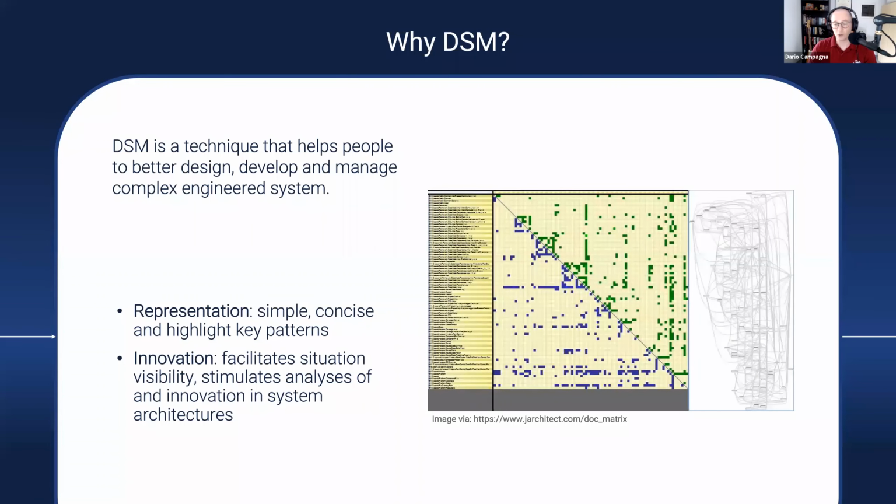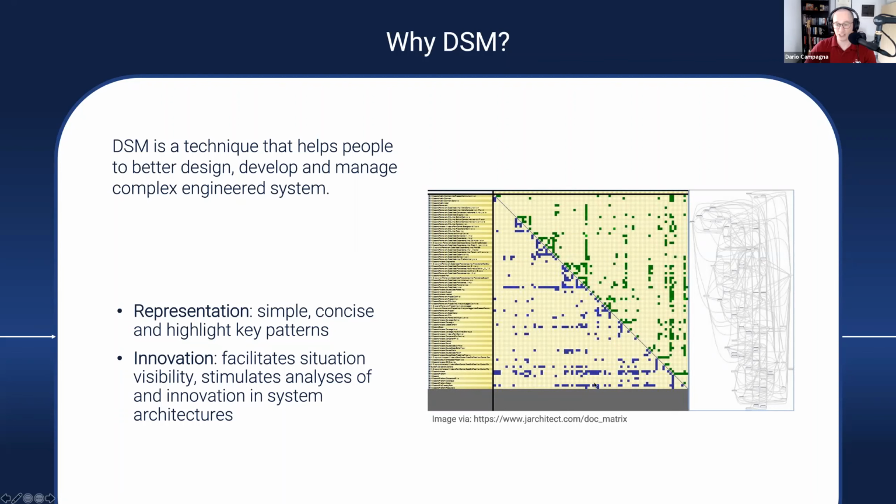And in this tool, DSM are used to show the dependencies between components in a software project, where components can be methods, packages, classes. And here they use colors to show different types of relationships and also different shades of the same color.